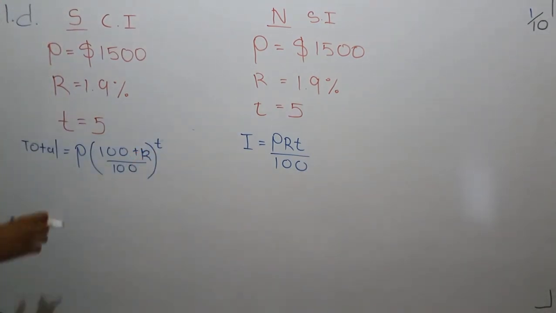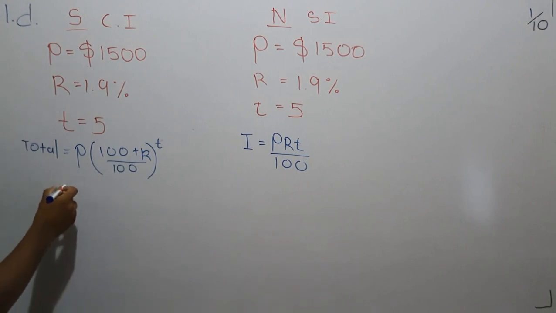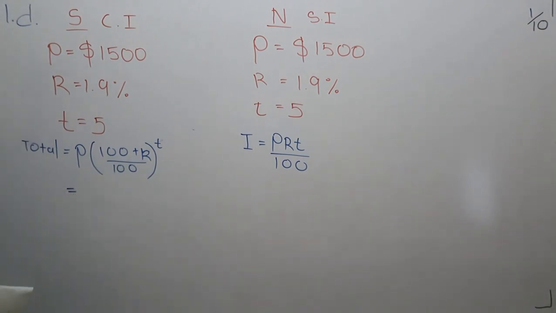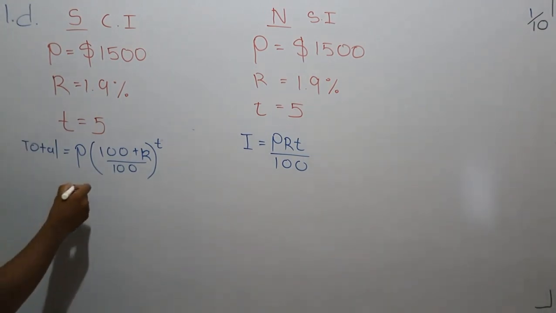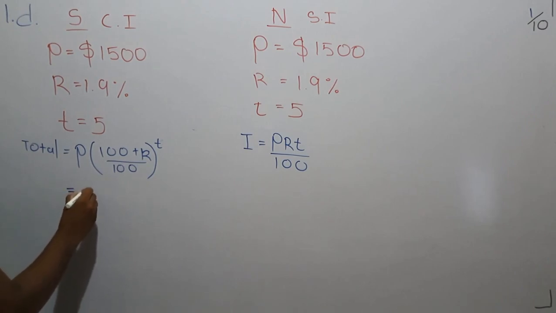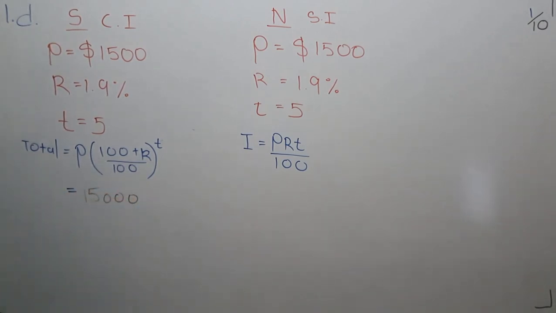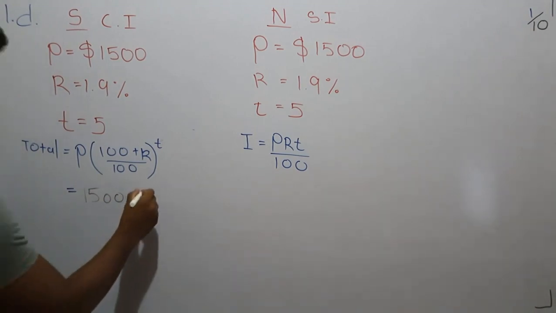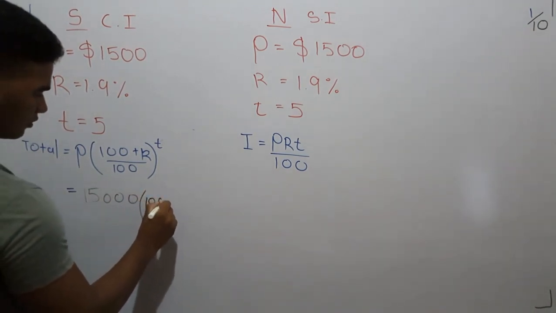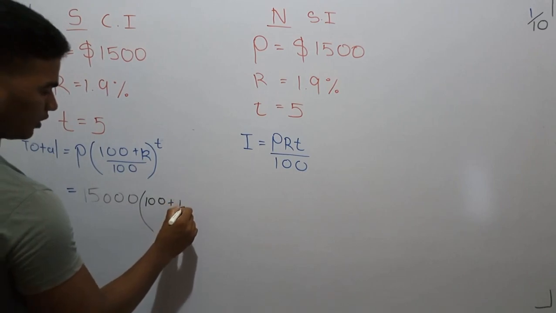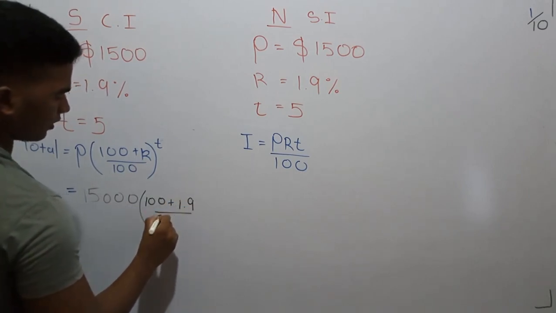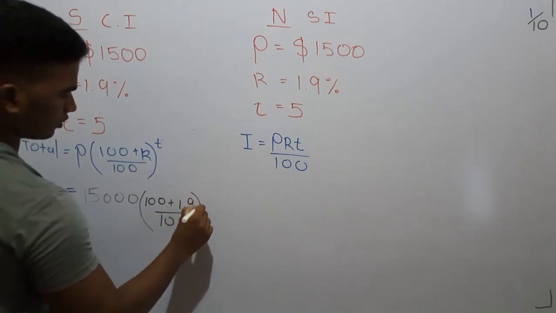So first we'll substitute the values now. 1,500 times (100 plus R, which is 1.9, divided by 100) to the power 5.